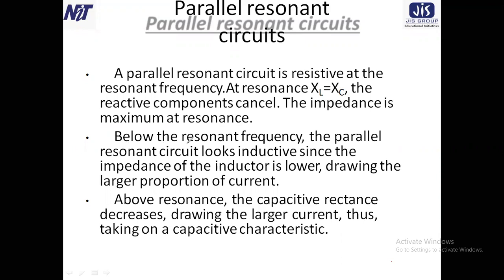Below the resonant frequency, the parallel resonant circuit looks inductive since the impedance of the inductor is lower, drawing the larger proportion of current. Above resonance, the capacitive reactance decreases, drawing the larger current, thus taking on a capacitive characteristic.